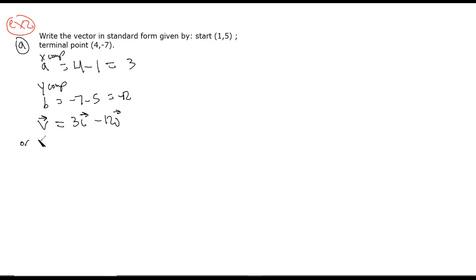Or if you do it with the bold notation, the vector v would be 3 bolded i minus 12 bolded j. This just gets really tedious, which is why I prefer the first one, but the second one is the same exact answer.